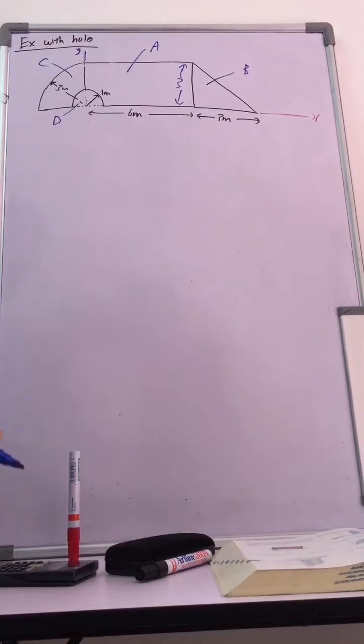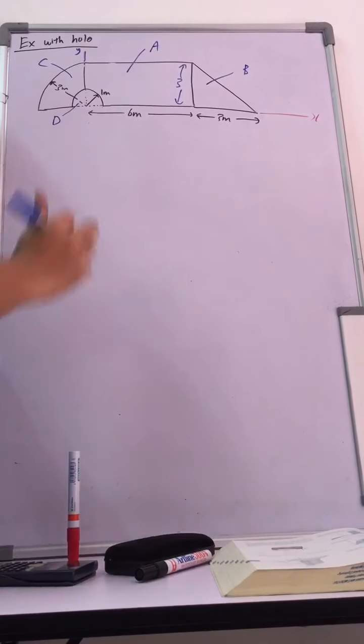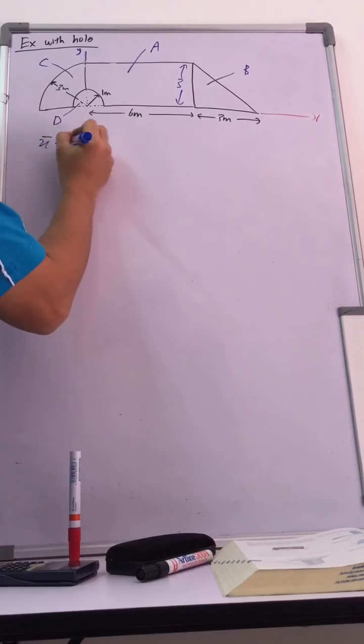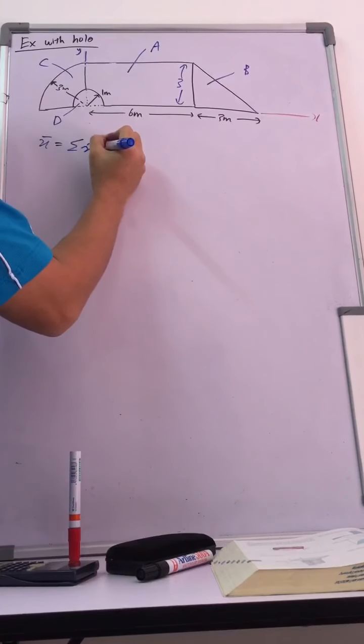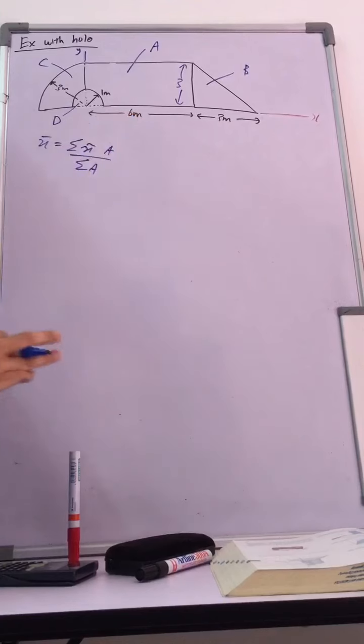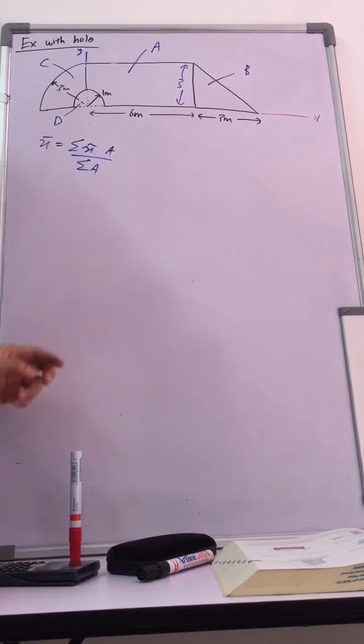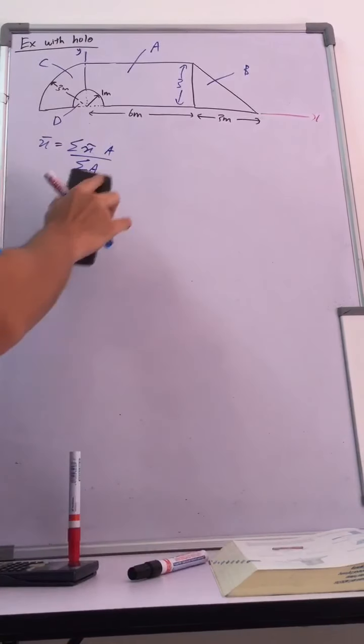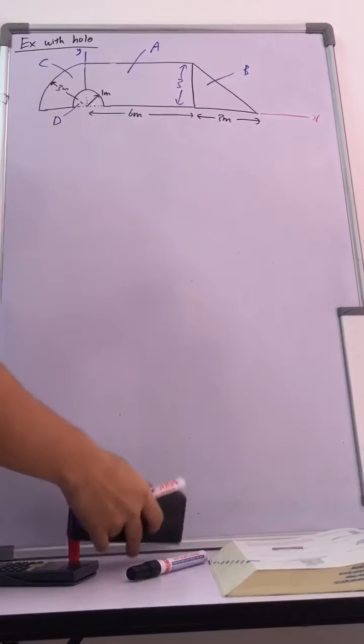To find the centroid, you need to find X bar, Y bar, and Z bar. For instance, X bar is the summation of X tilde A over the summation of A, because you have the area, you can find the area here. So make a table.